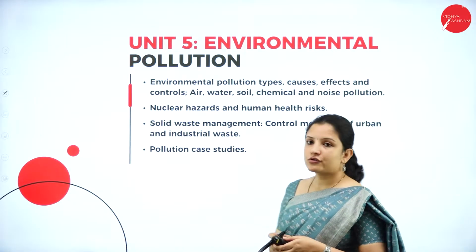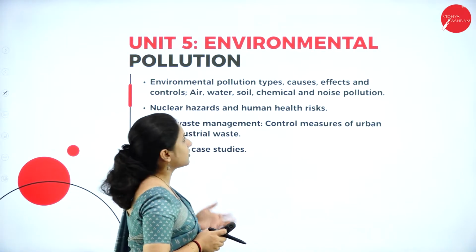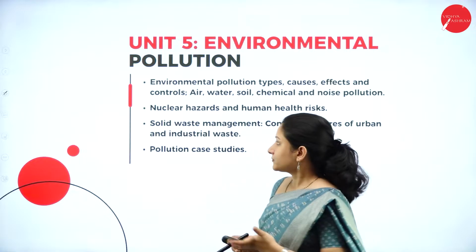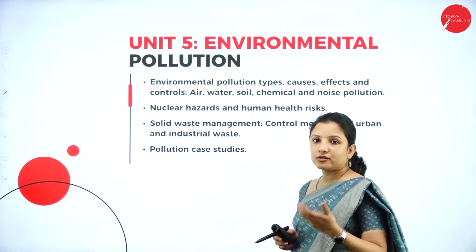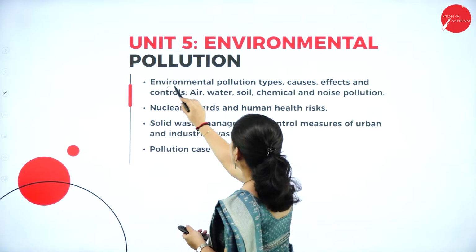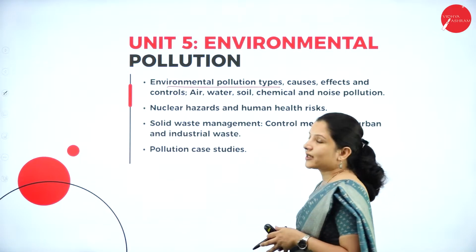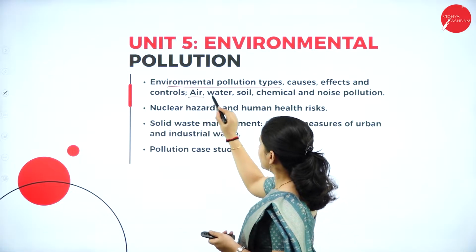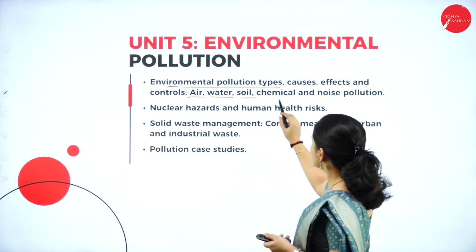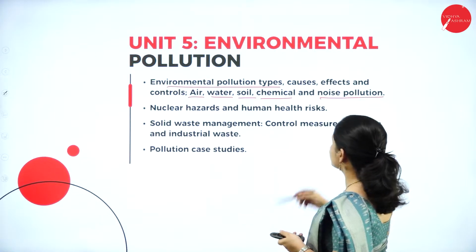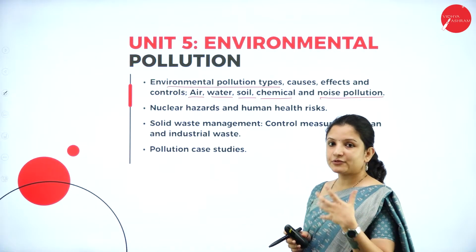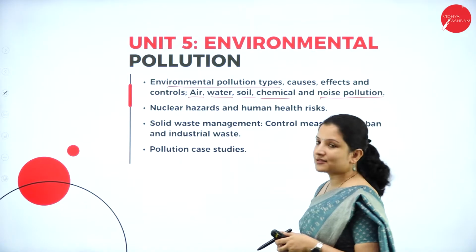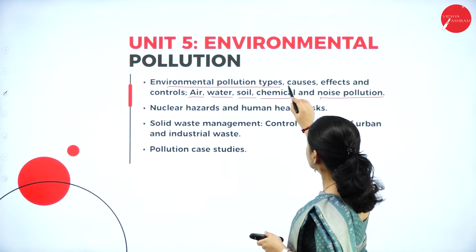So, next moving on to unit 5, that is environmental pollution. Under environmental pollution, let us study about the different types of environmental pollution, such as air pollution, water pollution, soil pollution, chemical pollution, noise pollution. All these different types of environmental pollution we shall study, and we shall study about the causes.